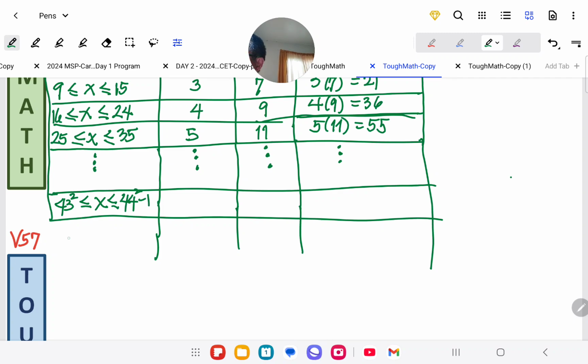And then we have 44 squared less than or equal to x less than or equal to 45 squared minus 1, which is equal to 2024.